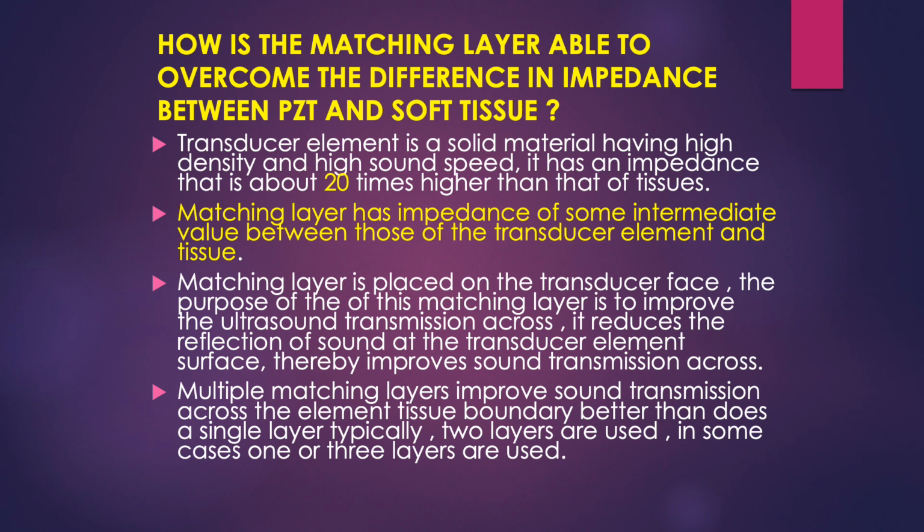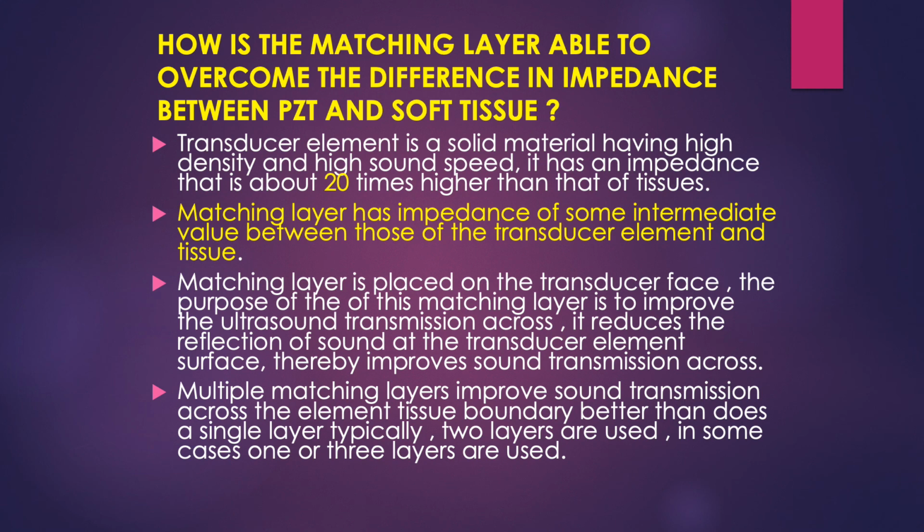The matching layer has an impedance of some intermediate value between those of the transducer elements and the tissue. The matching layer is placed on the transducer face. Its purpose is to improve ultrasound transmission across the skin. It reduces the reflection of sound at the transducer element surface, and thereby improves sound transmission across. Multiple matching layers improve sound transmission.